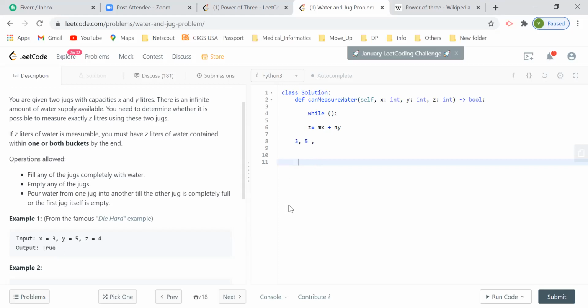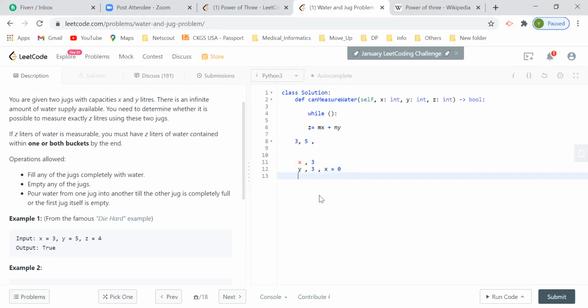3, 5. You take the jug x, fill it with 3 liters, then you pour it into y. So y has 3, and x is empty. x is equal to 0.